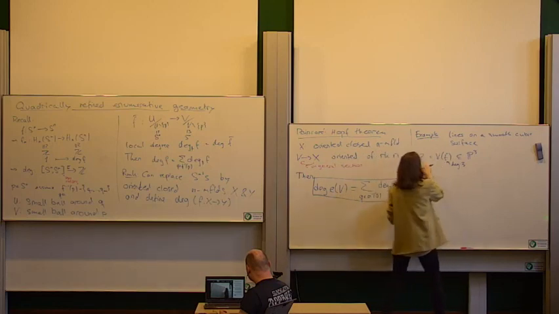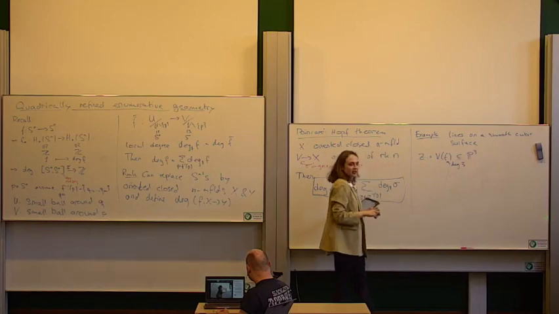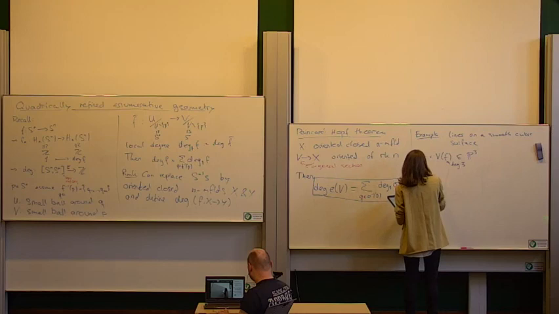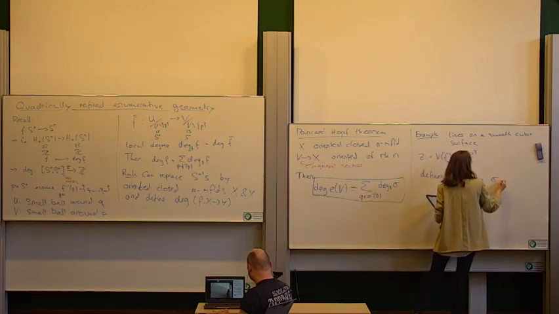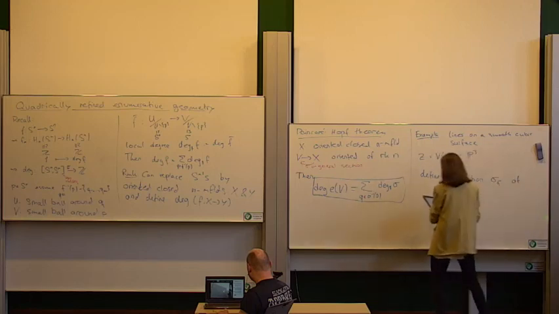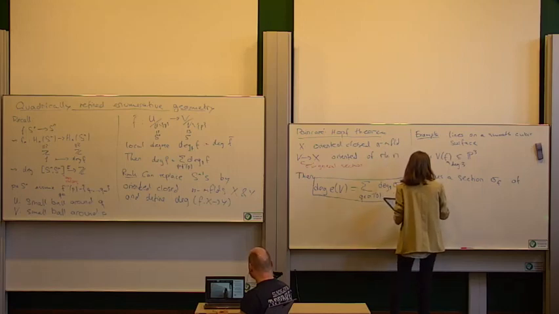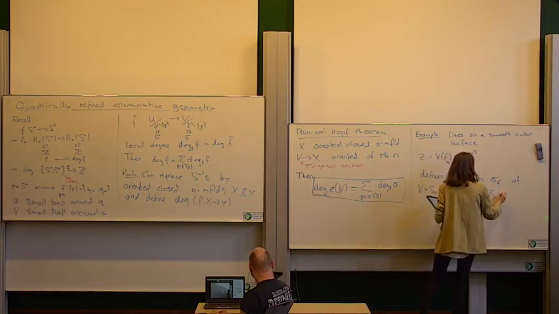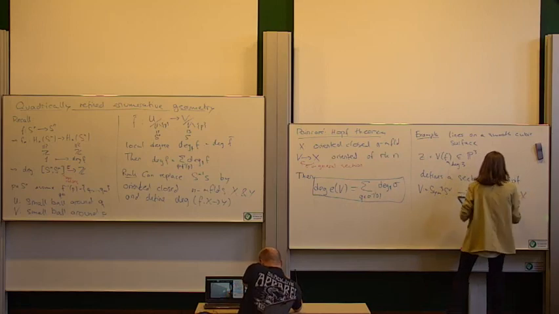And then I claim that this cubic surface defines a section of a certain vector bundle, namely the following. So this defines a section, let's say sigma_f, of the following vector bundle. So V here is Sym^3 of the dual tautological bundle on the Grassmannian of lines in P^3, and this is my X in this case.